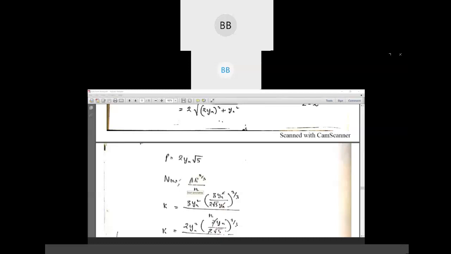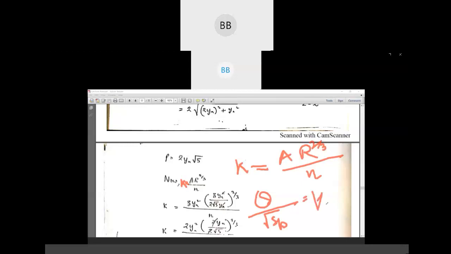Now we are using the k expression that you have already discussed. K is equal to A R to the power 2 by 3 by n. K is nothing but Q over root of Sb, if you remember. Q is our discharge.